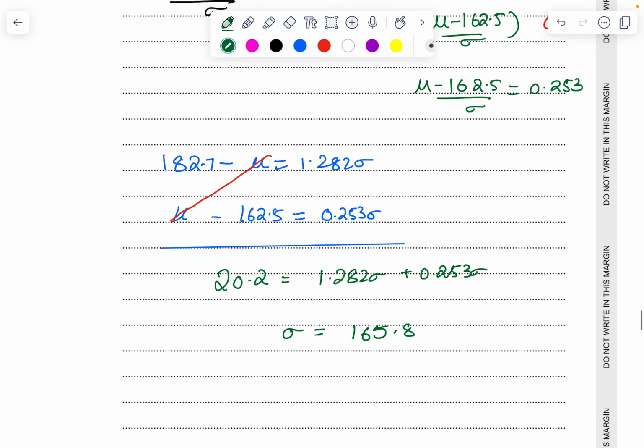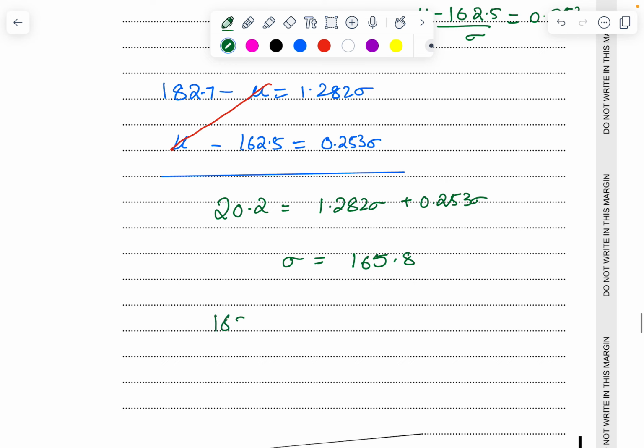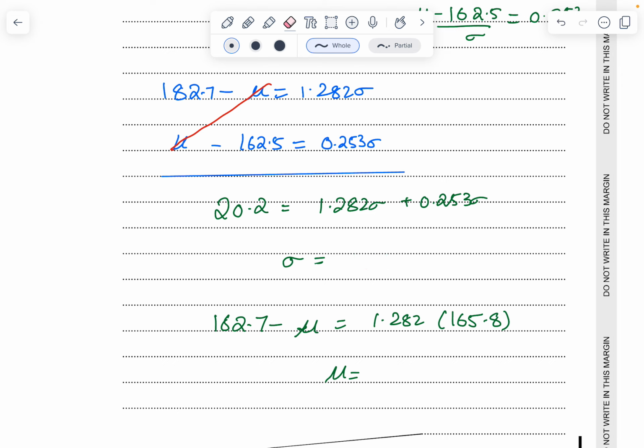Plug in the sigma value in any one of the equations: 182.7 minus mu equals 1.282 times 13.2. This gives me the mu value as 165.8. This is going to be the answer for question number 6A.